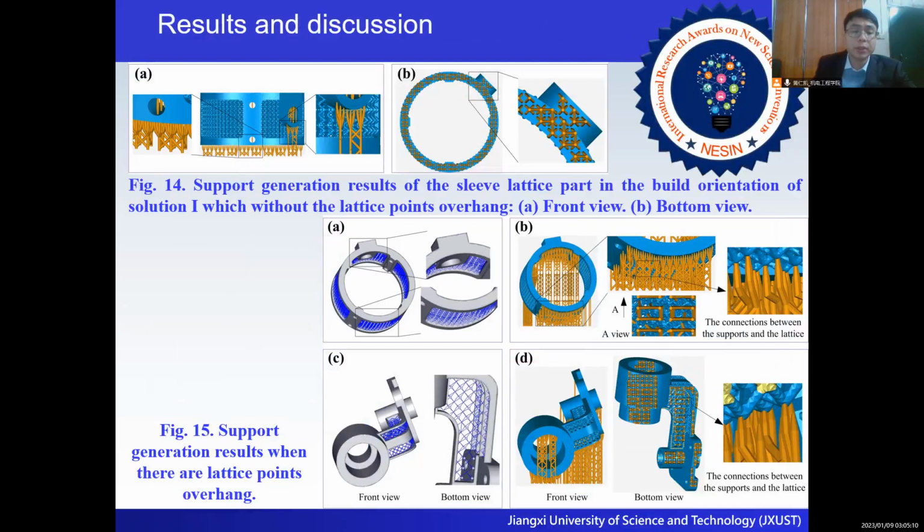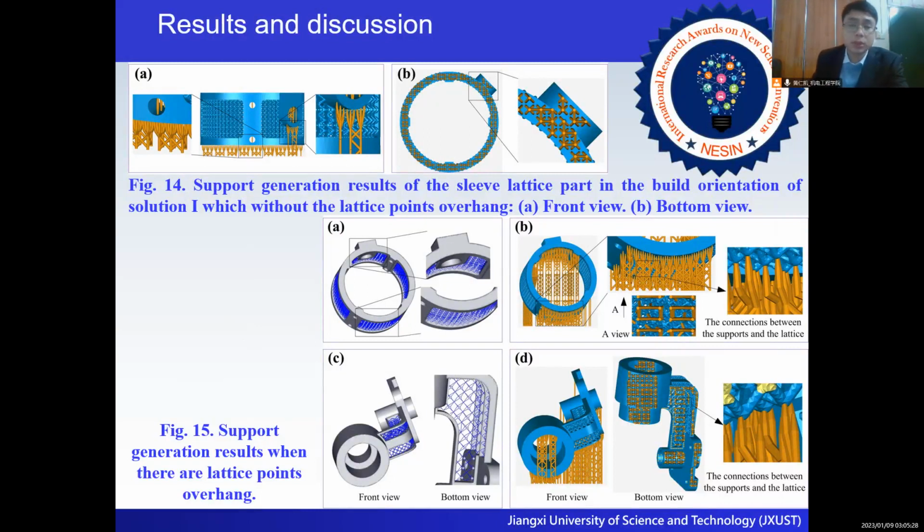The generating results of the grid tree composite support structure for the sleeve and bracket lattice parts are shown in Fig 14 and Fig 15.